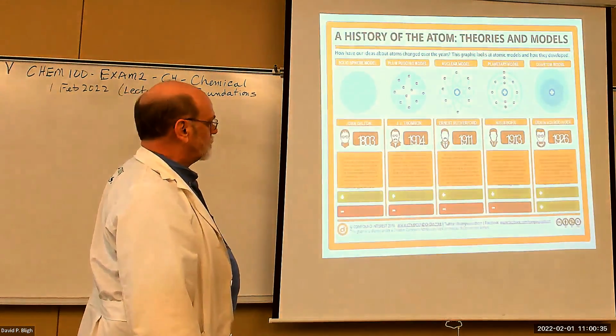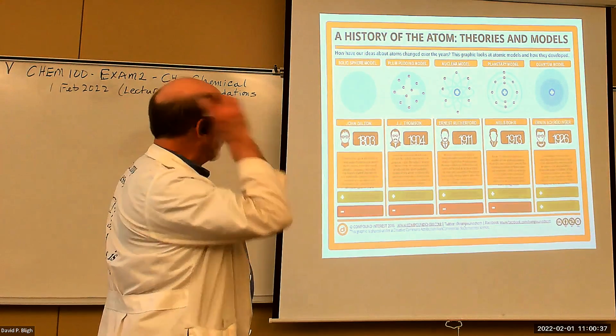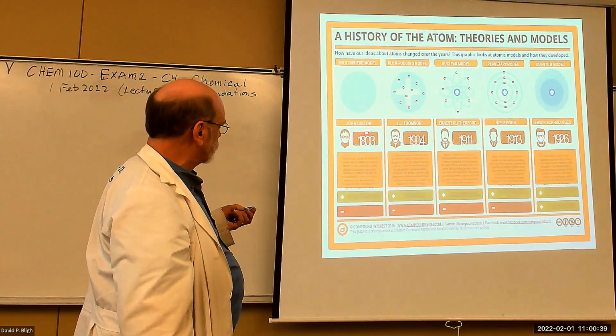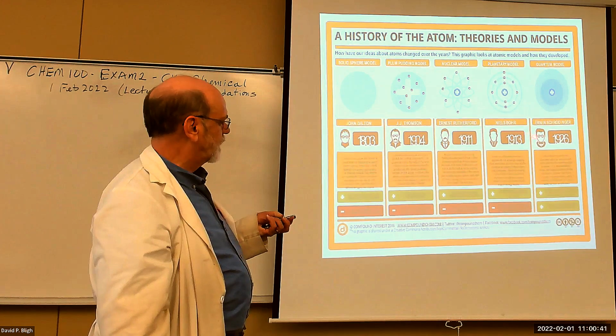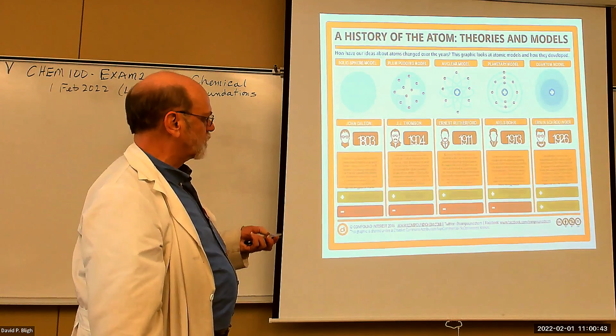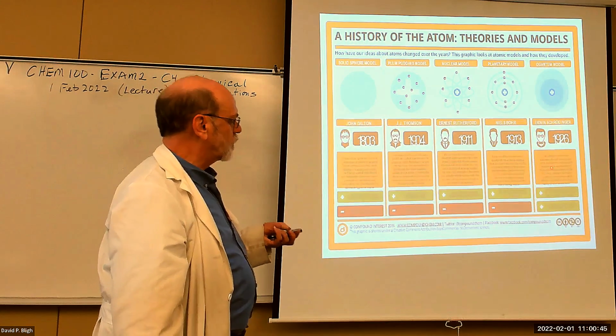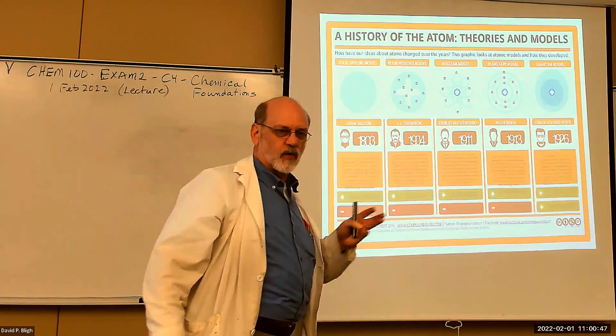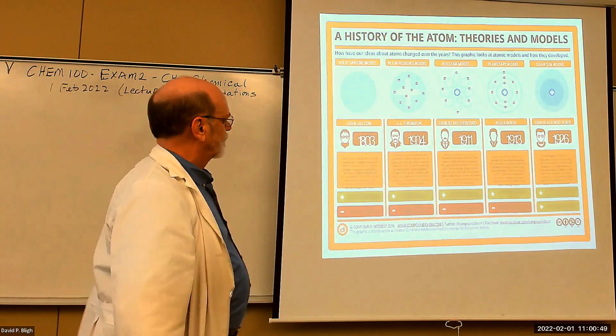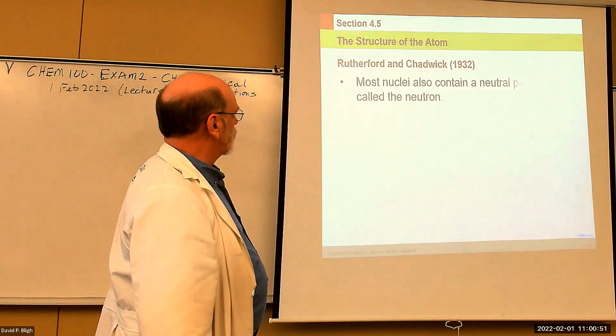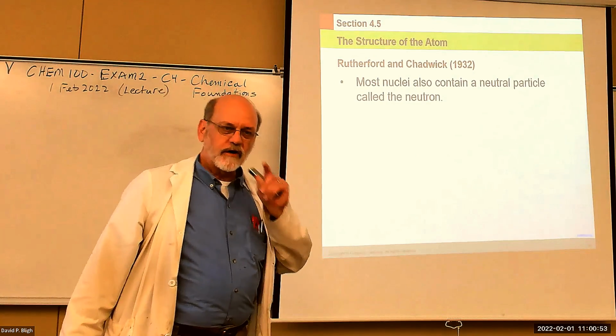Okay, and this is another graphic. It sort of shows the progression. We stuck Niels Bohr in here, but we're not going to spend time here. Erwin Schrödinger produced the wave model. Okay, now there's one other problem.